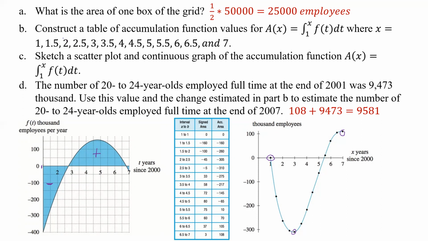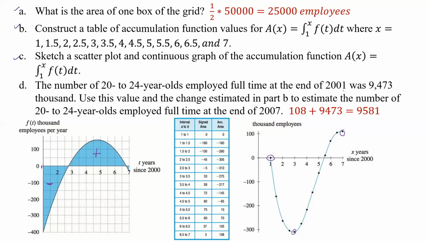All right, so that's basically, we've just done A, B, and C. Now D, it says, the number of 20 to 24-year-olds employed full-time at the end of 2001 was 9,473,000. Use this value and the change estimated in part B, which we said was 108,000, to estimate the number of 20 to 24-year-olds employed full-time at the end of 2007.